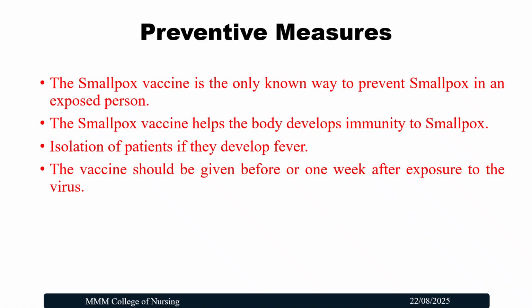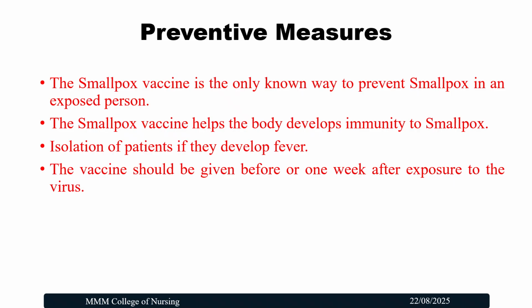What are the preventive measures for smallpox? The smallpox vaccine is the only known way to prevent smallpox in an exposed person. The smallpox vaccine helps the body develop immunity to smallpox. Patients are isolated if they develop fever, and if a smallpox outbreak happens, people with smallpox would be isolated to try to stop the spread of the virus.